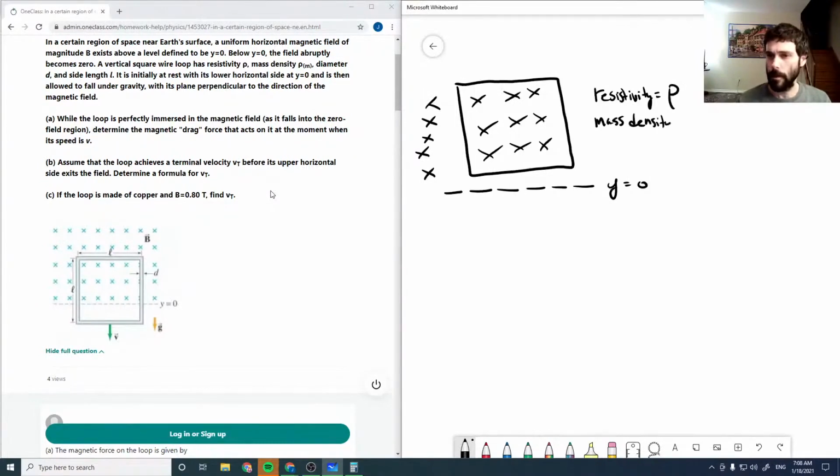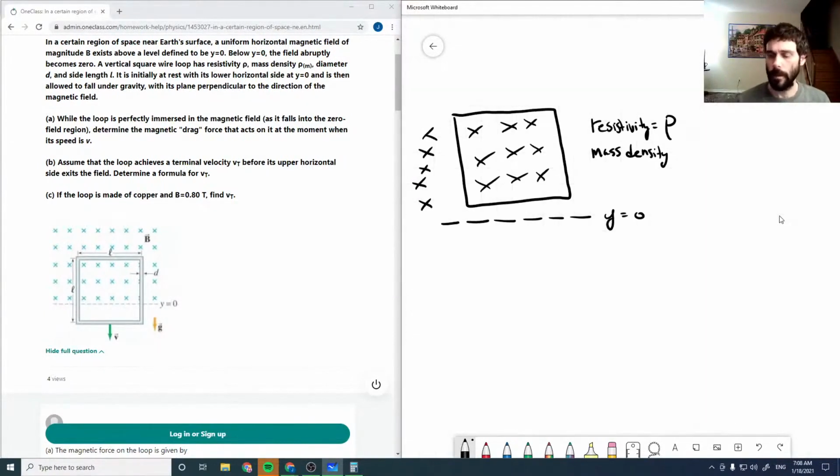I'm just writing these out because they decided to call them rho m and rho, so that could be a little confusing. And then the diameter of the wire is given as d. Diameter equals d.